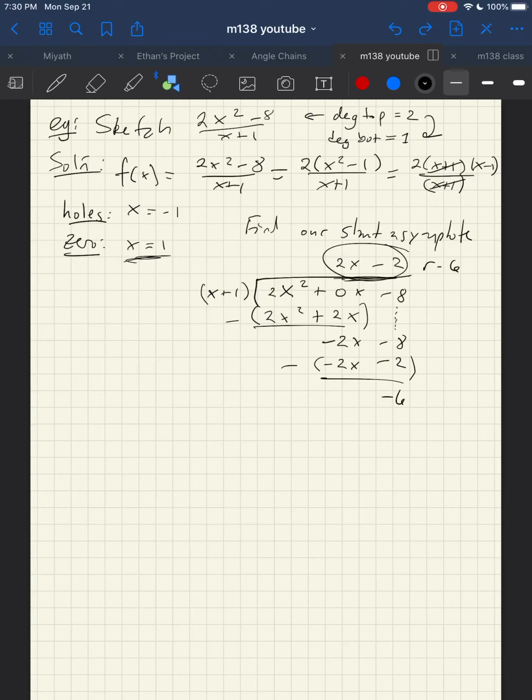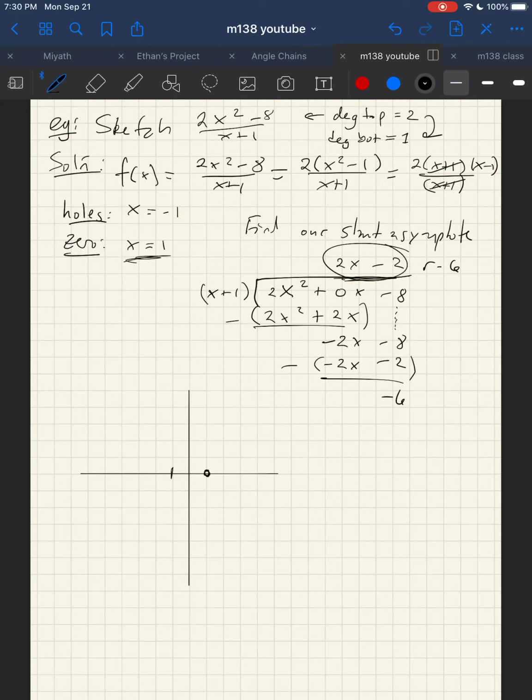We've got, I'm going to redo that. Wow, I'm just batting 1,000 on these things. There we go. We've got a zero at x equals 1. And we're going to have a hole at x equals -1, so let's remember that. And this line has a slope of 2.